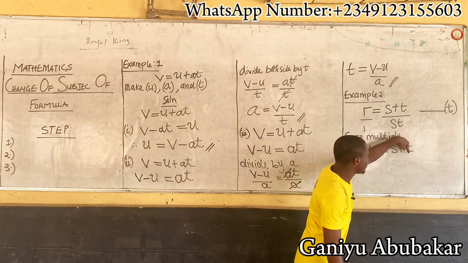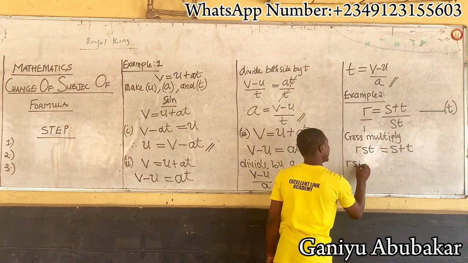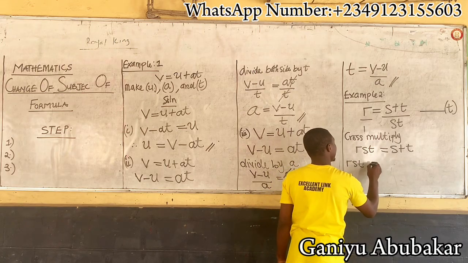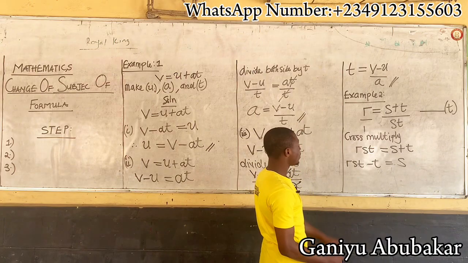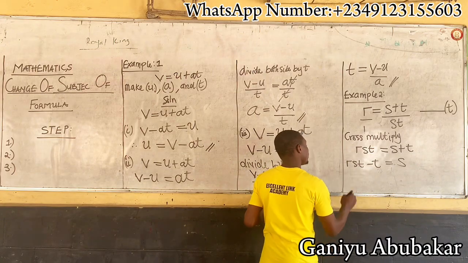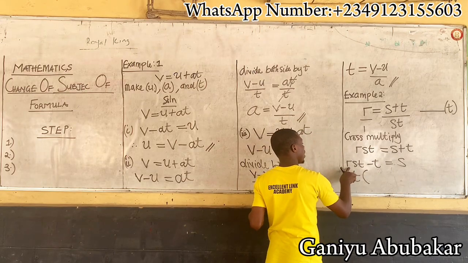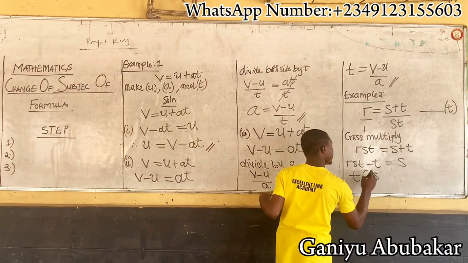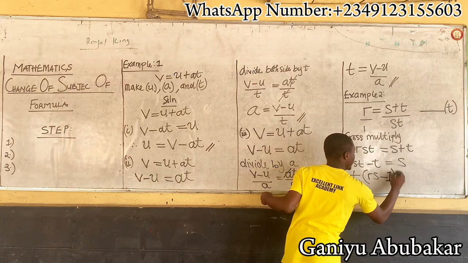So I'll take this t here. So I'll have rst plus t become minus t equal to s. Of course, t is common here. Bring out t, and if t cancels this t, I'll have just rs left here, minus, if t cancels t, I'll have 1 left here.